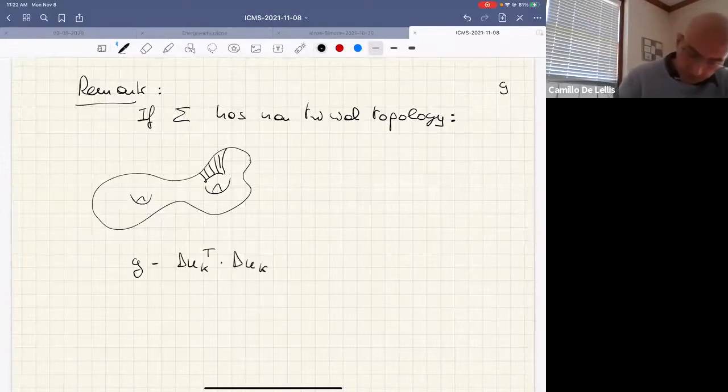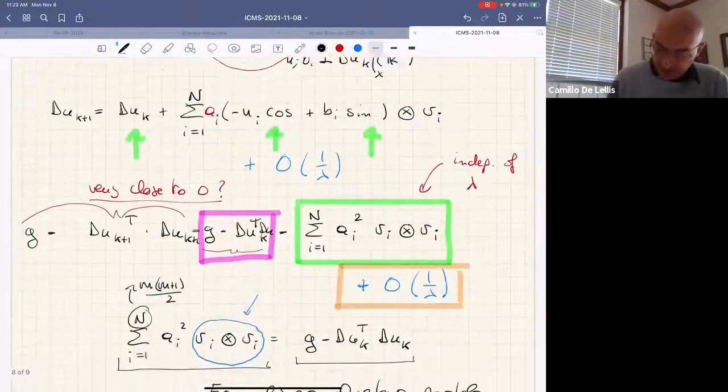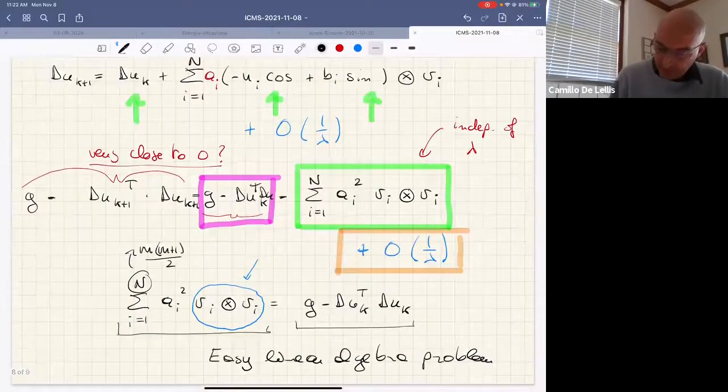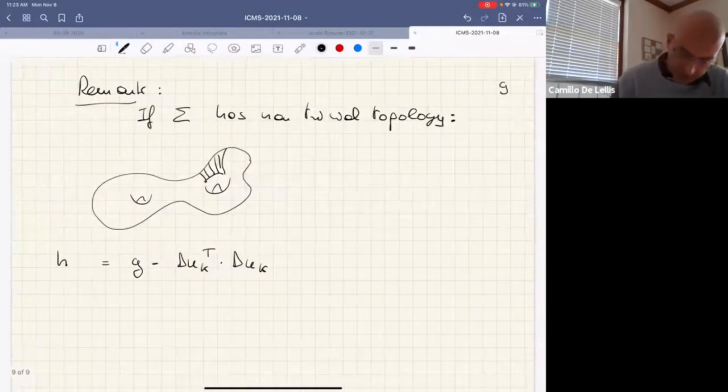If you call this one H, what you actually want to solve is for the sum of the green terms equal to this purple term, which is equal to H. So you can break H into a sum of phi I times H for some partition of unity.